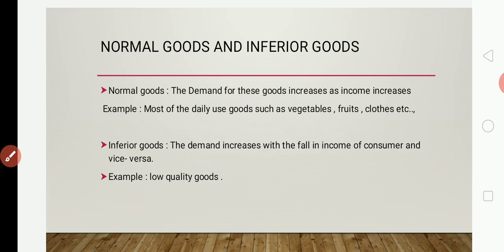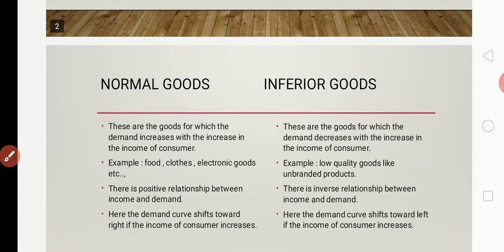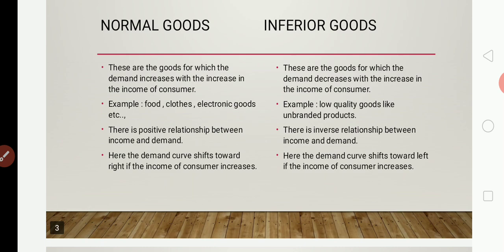Let us discuss what normal goods and inferior goods are. Firstly, normal goods. These are the goods for which the demand increases with the increase in the income of a consumer. For example, when I have an income of 5,000 rupees, I will spend my money only to get the necessary goods, but I will not buy more comfortable or luxurious goods because I have less income.